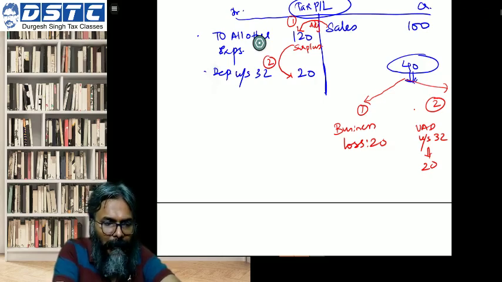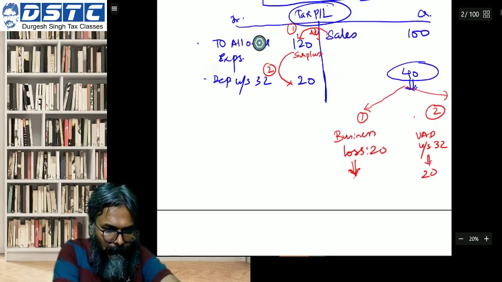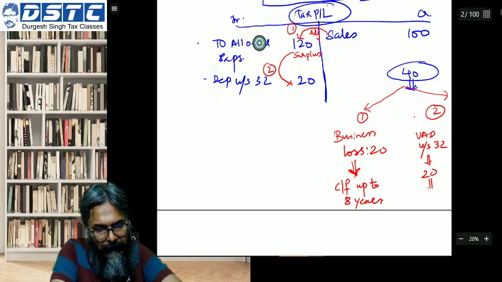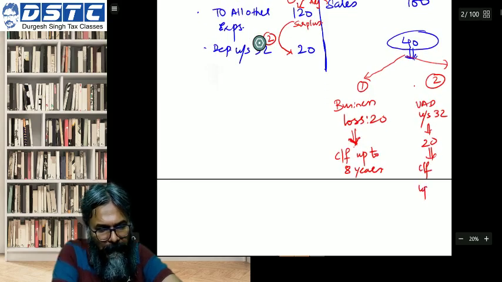Now what will be the situation, students? Herein, the business loss will be carried forward up to 8 years, and the unabsorbed depreciation is carried forward for an unlimited period.